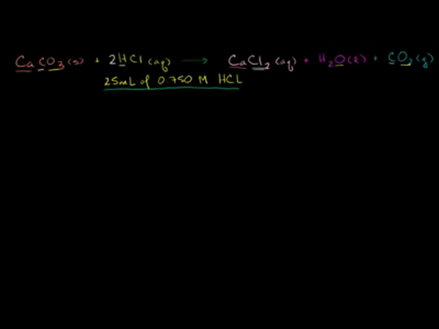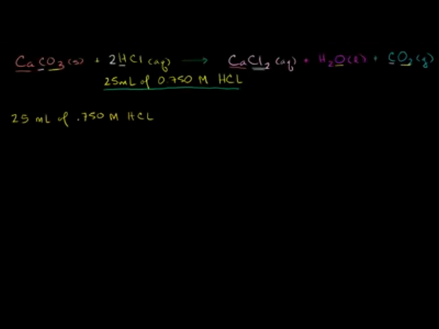So let's do that. We are starting off with the 25 milliliters of, let me write this, 0.750 molar HCl solution. And let's convert this to moles of hydrochloric acid.